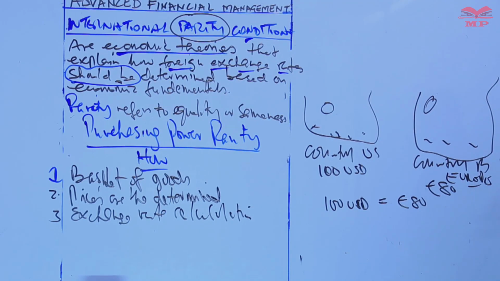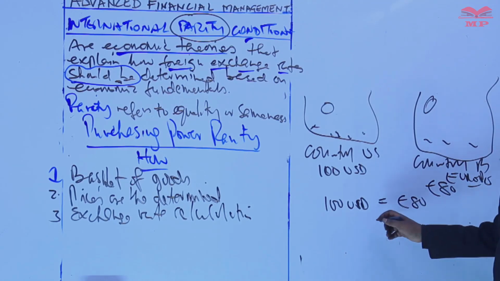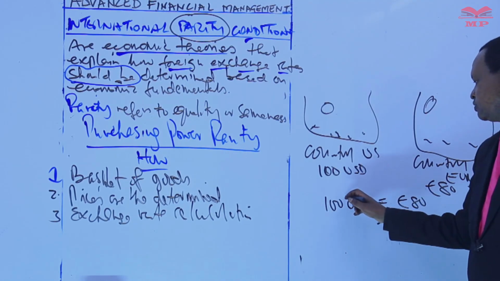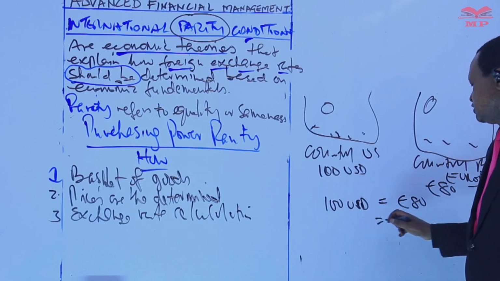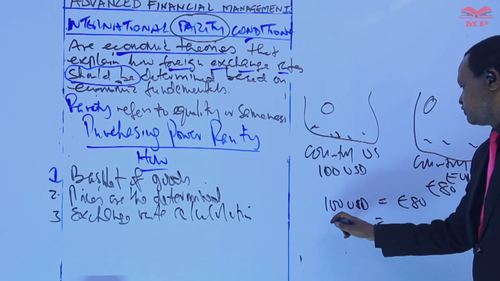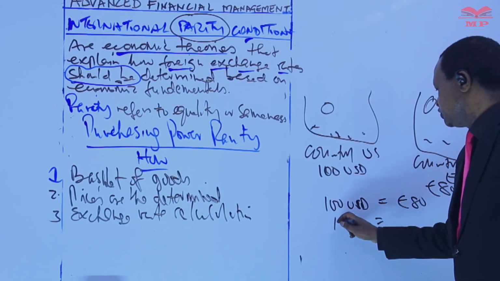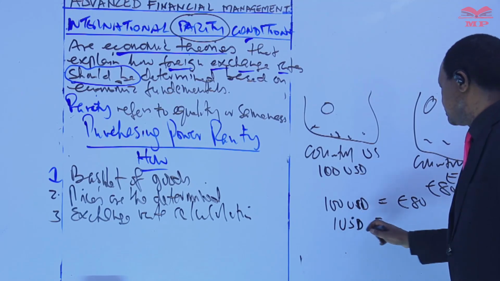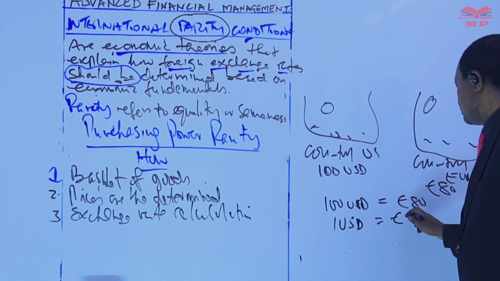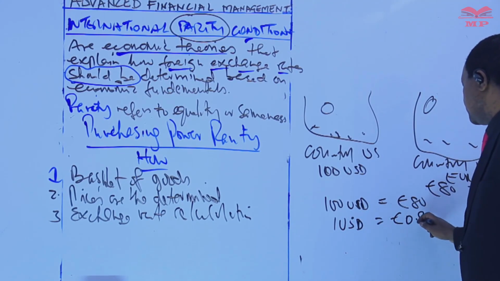And you can even simplify it further. Divide this by 100, divide that by 100, so that you have 1 USD being equal to 0.8 euros.